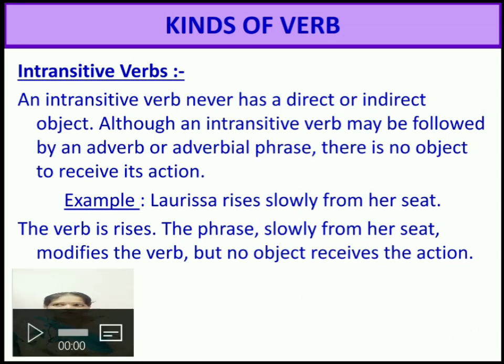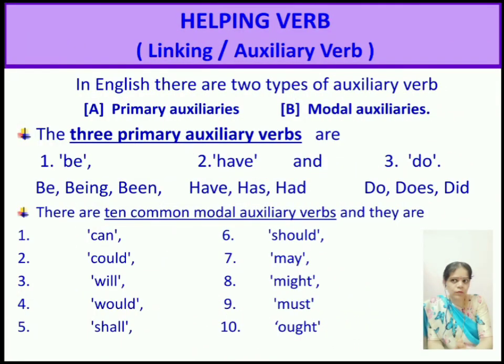Well, having done with the transitive and intransitive verbs, now let's move up to the helping verbs or the linking or the auxiliary verbs. Here, the important concept is, let's not bifurcate the language too much into a variety of types.